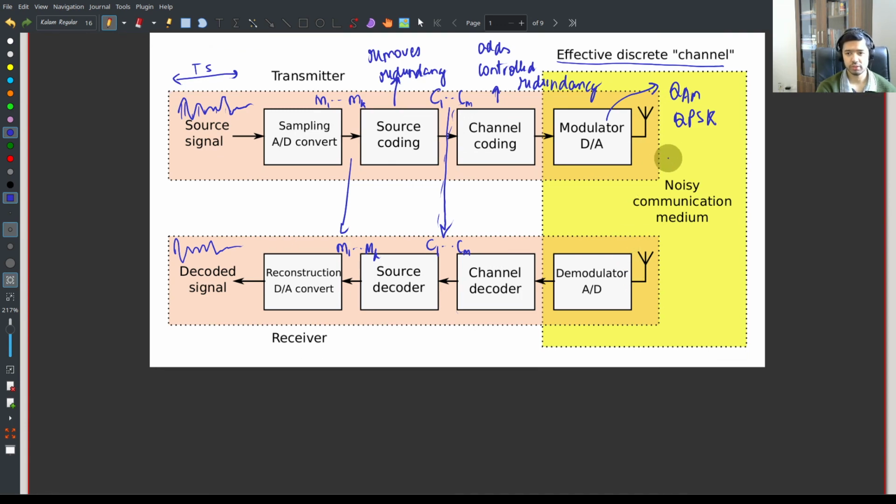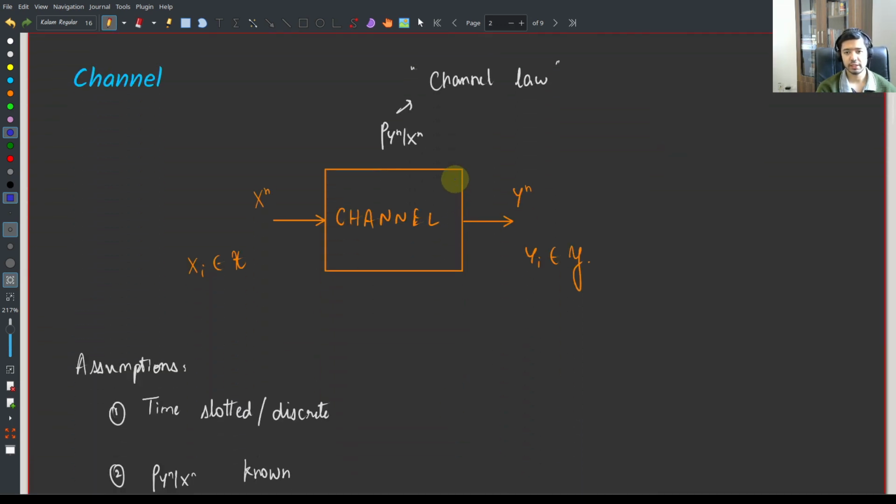All of this is completely captured by this particular channel law. So for us, our channel is a black box. It doesn't matter how you implement things within this block; all we care about is this conditional distribution of Y^n given X^n. This is an abstraction of this entire block.